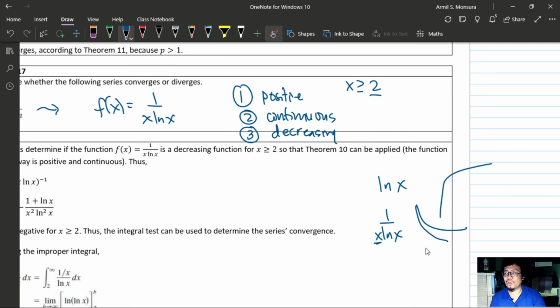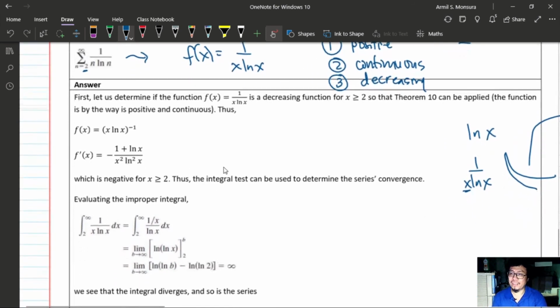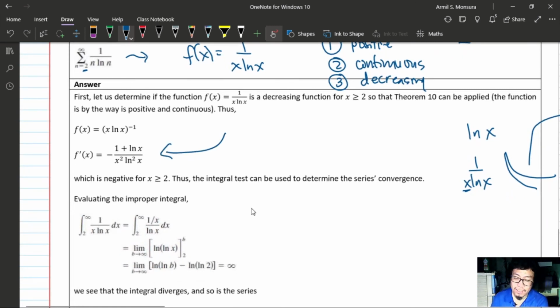Okay. So that can be definitively proven by actually getting the first derivative of your function, which is obviously negative, because if x is greater than or equal to 2, this is positive, this is also positive, but your fraction is negative.